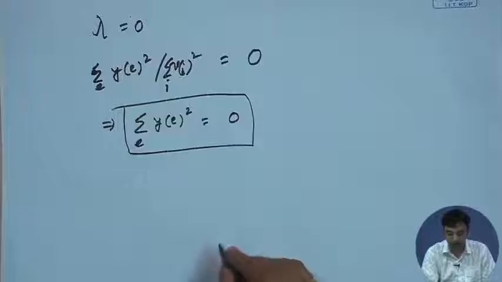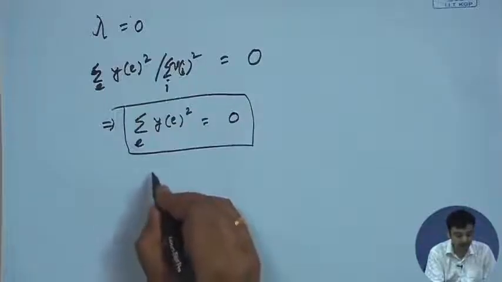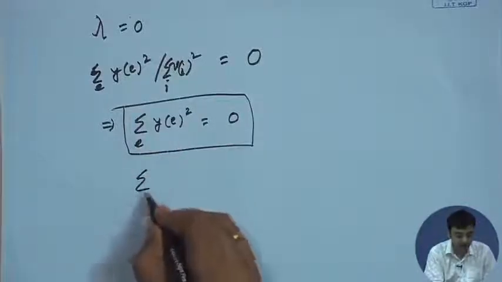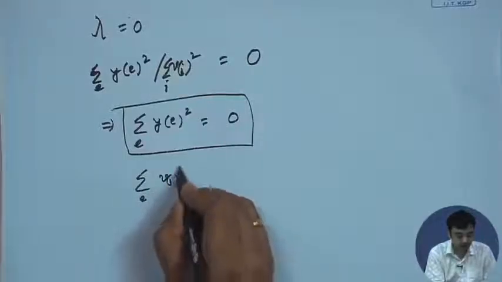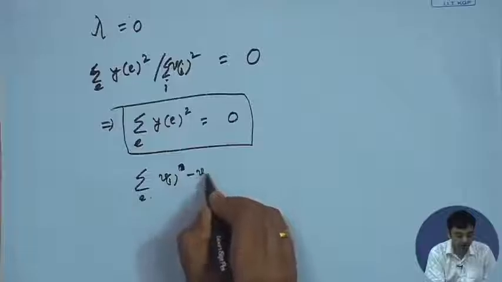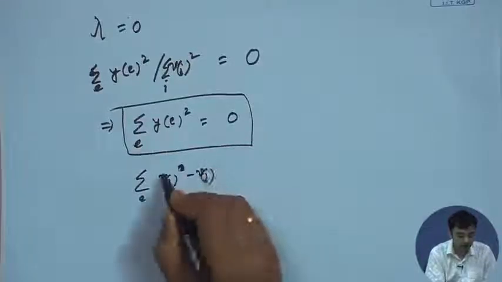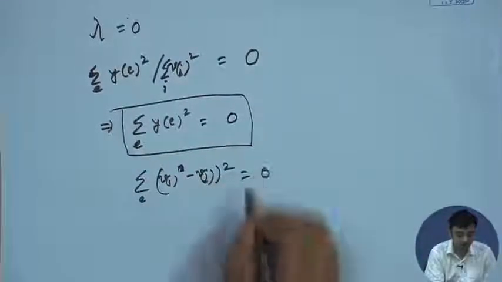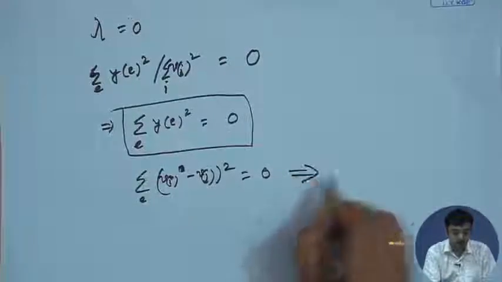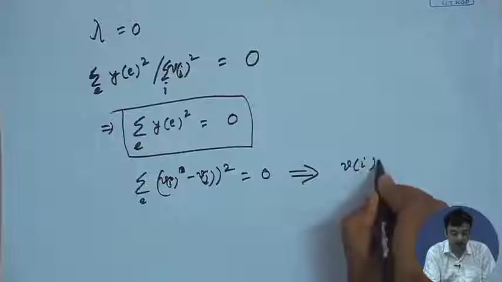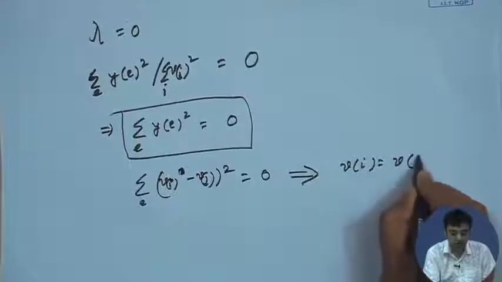Now, this you can further write as Vi minus Vj whole square is equal to 0. That is what we have seen last day. So, this will tell you that Vi is equal to Vj.